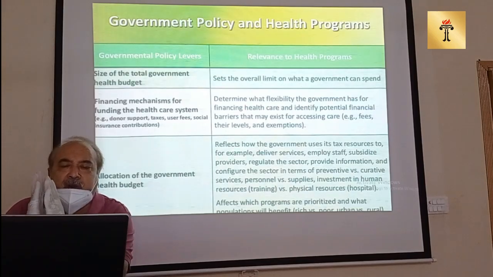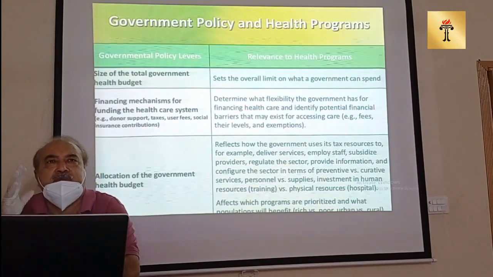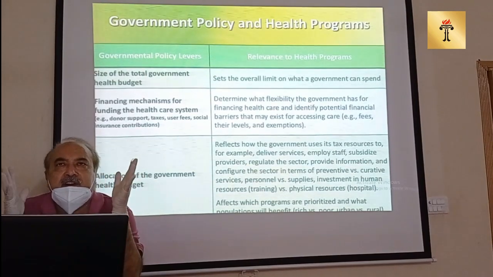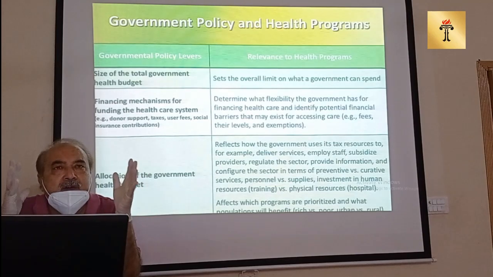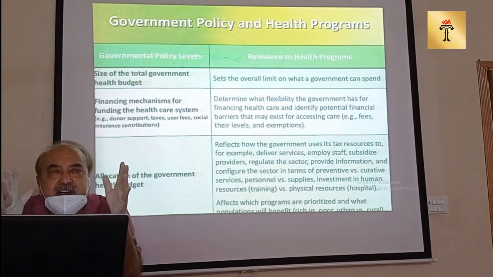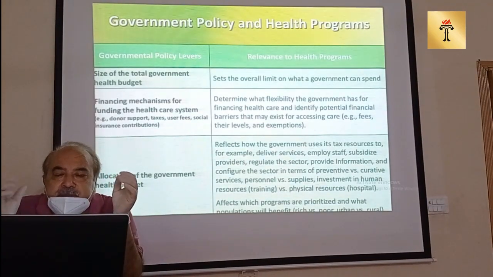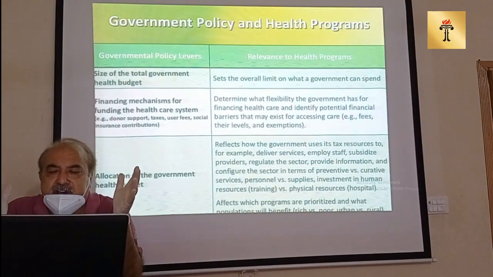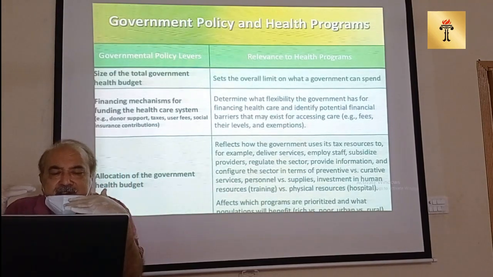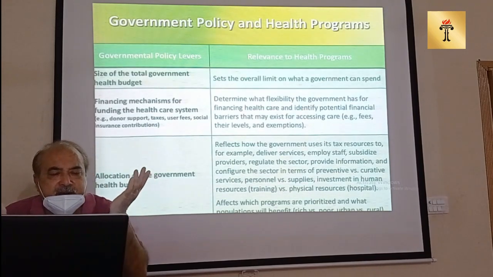What are the government policy levers? The most important is the size of the total government health budget. How much percentage of their allocated budget will be spent on health services. This sets the overall limit on what a government can spend.